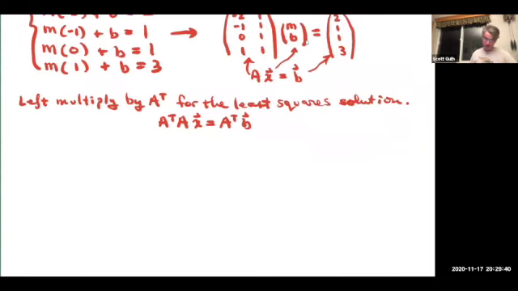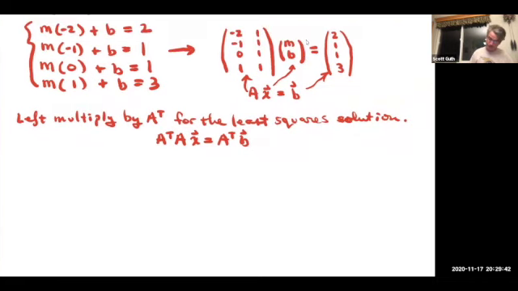So let's do it. Okay, so A transpose, you just switch rows and columns. So first row will be -2, -1, 0, 1. Okay, and then the second row is all the ones, like that. So there's A transpose. And then I'm just going to copy the A from what we wrote before.